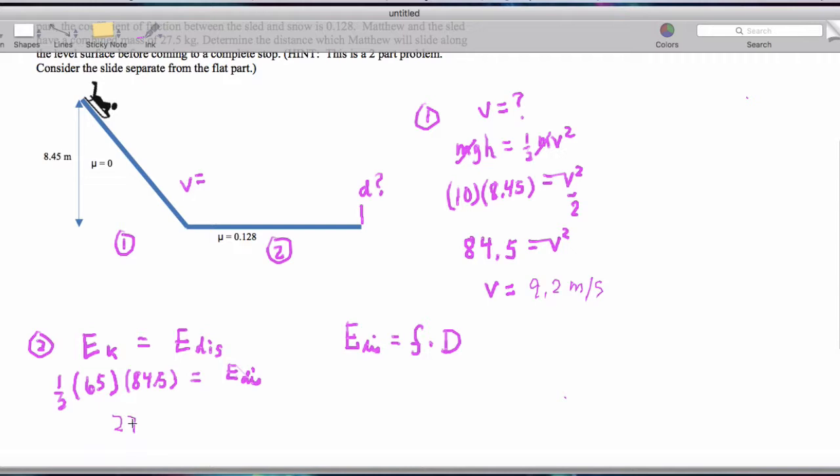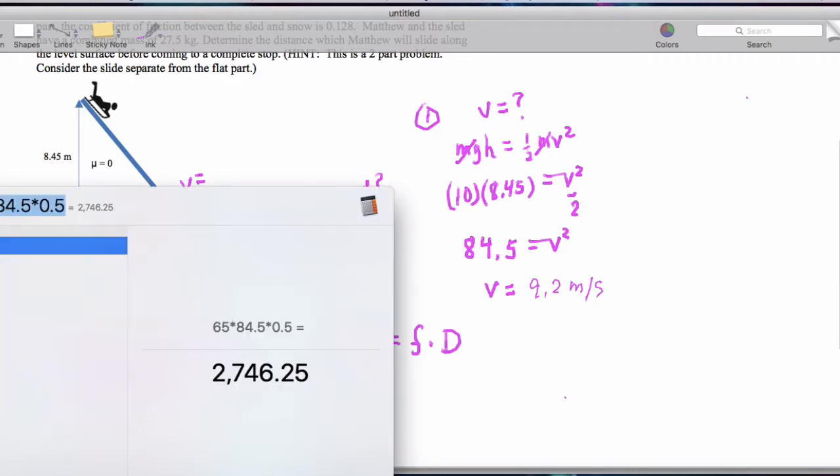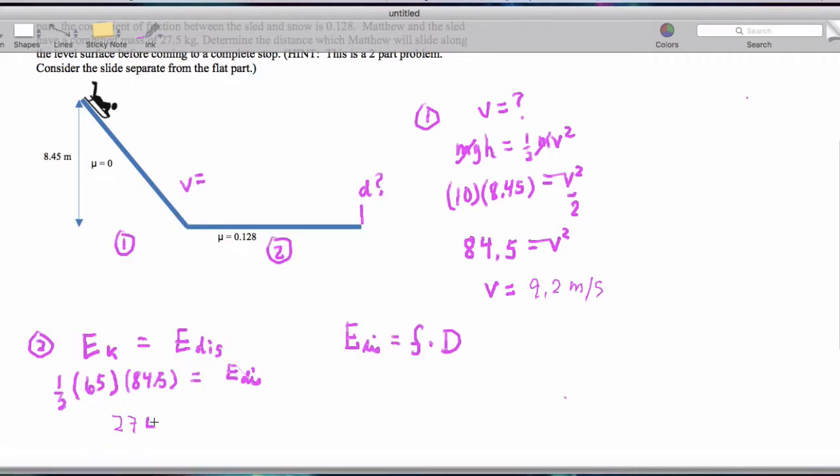That is some major joules for a physics problem of this caliber, I guess. Not really. It's typical. We're talking about a 65 kilo person, so that's not surprising. So this 2,746.25, that's the E dissipated, is going to equal the friction force times the distance we slide.